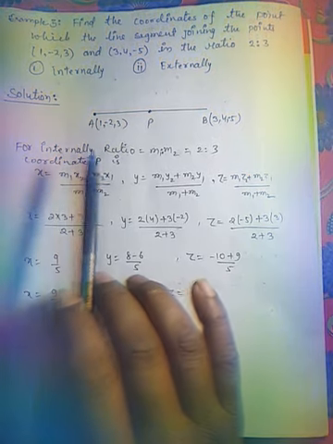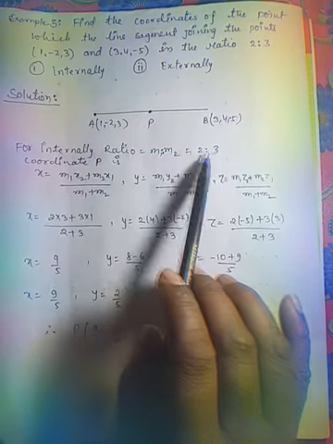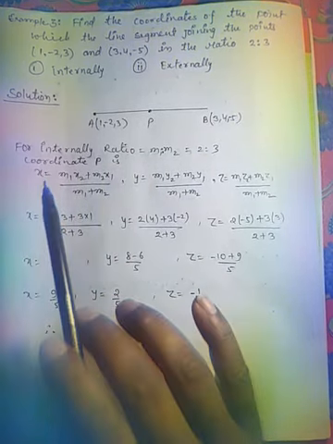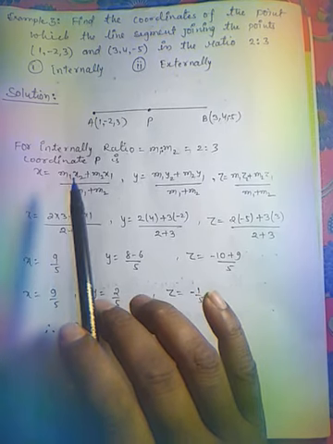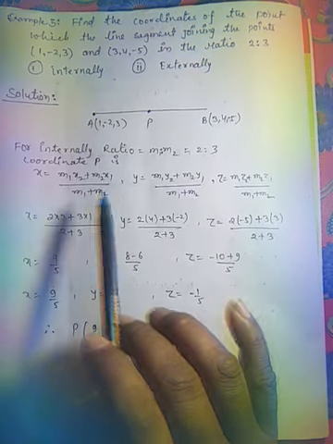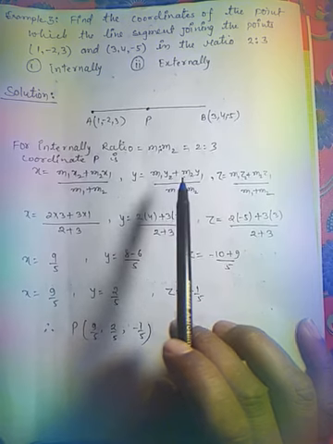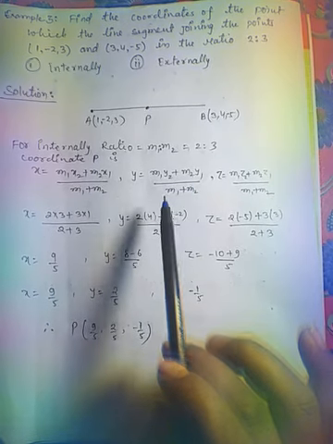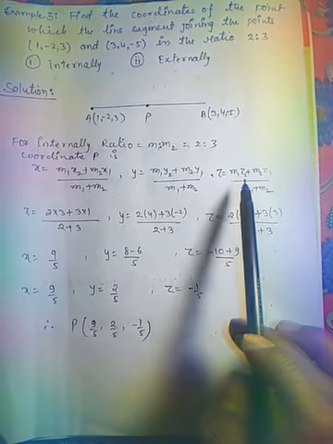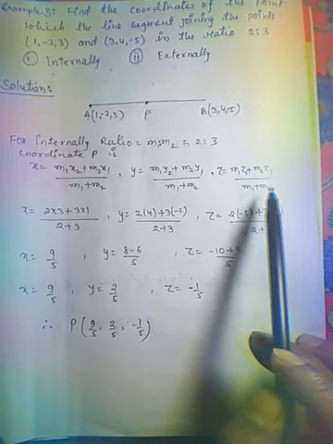For internally, the ratio m1 is to m2 which is 2 is to 3, so coordinate P is defined as x equal to (m1 x2 plus m2 x1) by (m1 plus m2), y equal to (m1 y2 plus m2 y1) by (m1 plus m2), and z equal to (m1 z2 plus m2 z1) by (m1 plus m2).